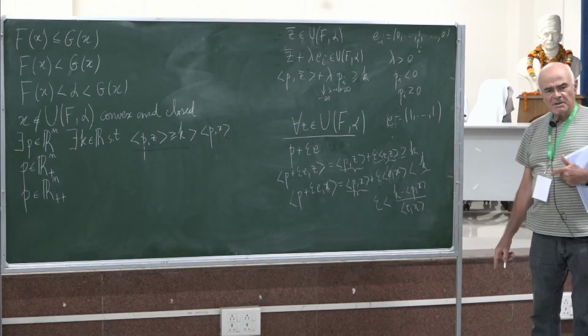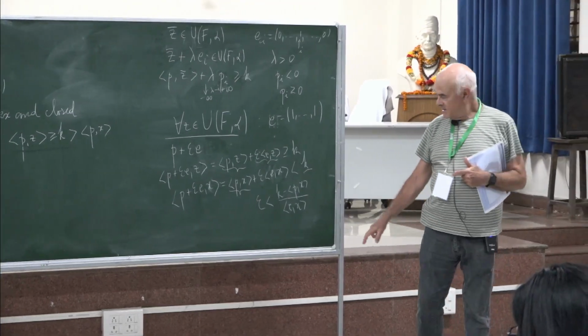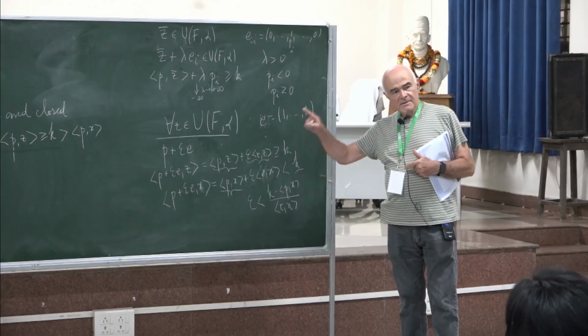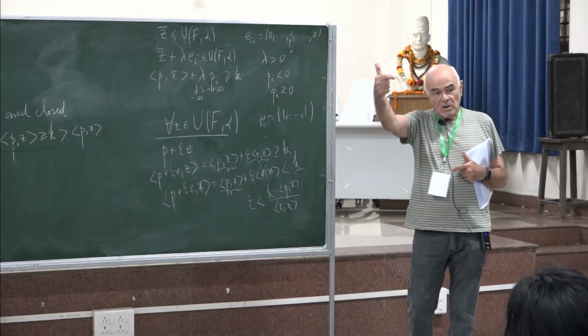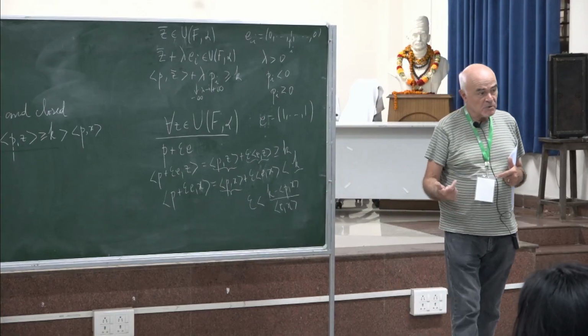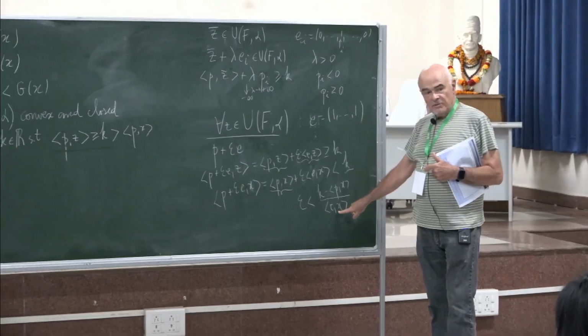How do you know that it is positive? Because E is strictly positive, it is 1, 1, 1, 1. Then if X is different from 0, because it's non-negative, then this is strictly positive. But what if X is equal to 0?